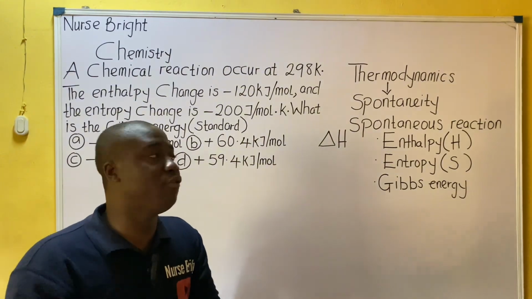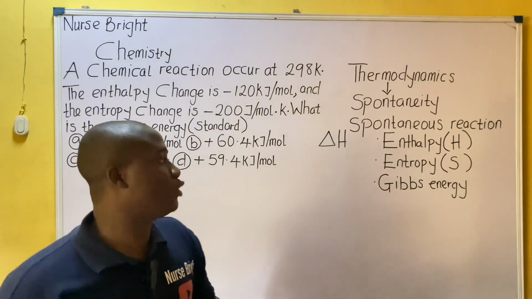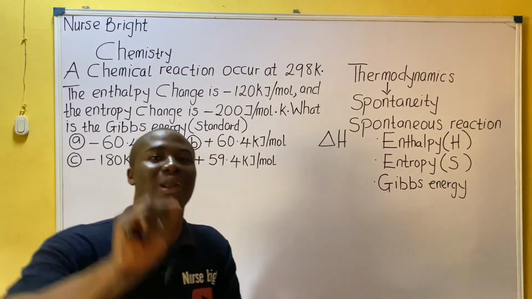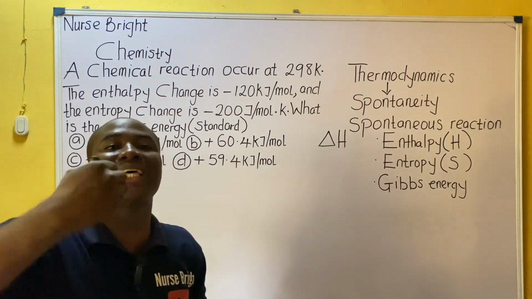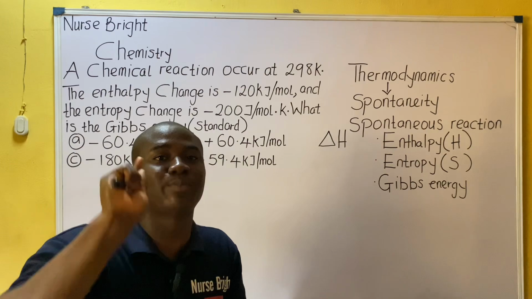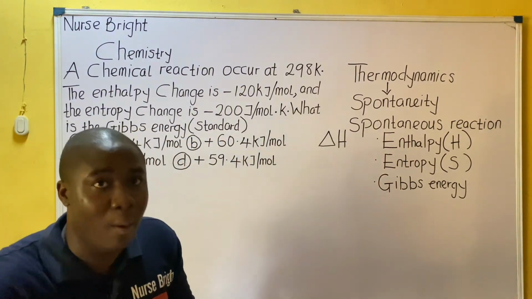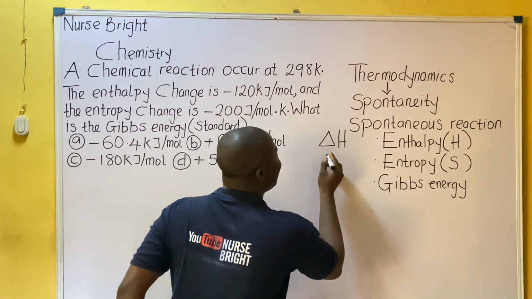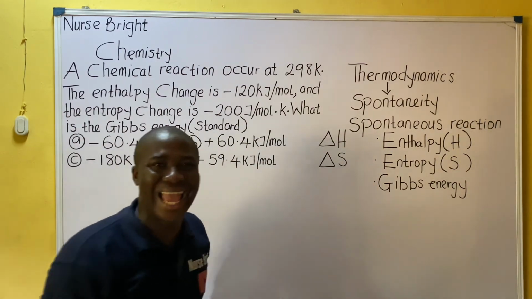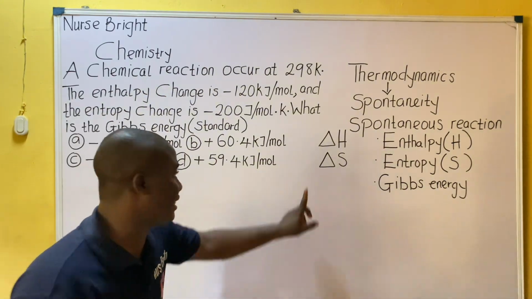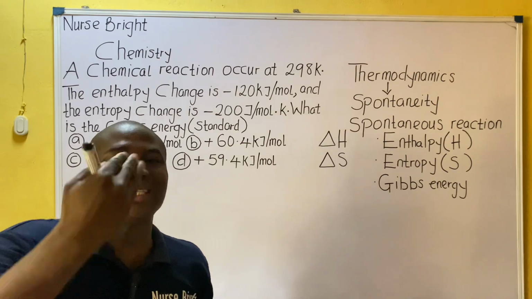So then, moving further, entropy is symbolized as S. This condition that also tells us if a reaction will be spontaneous or not has its own change format. So change in entropy symbol will now be delta S. You can see the way I pronounce it, delta S. So this change is the same as delta.